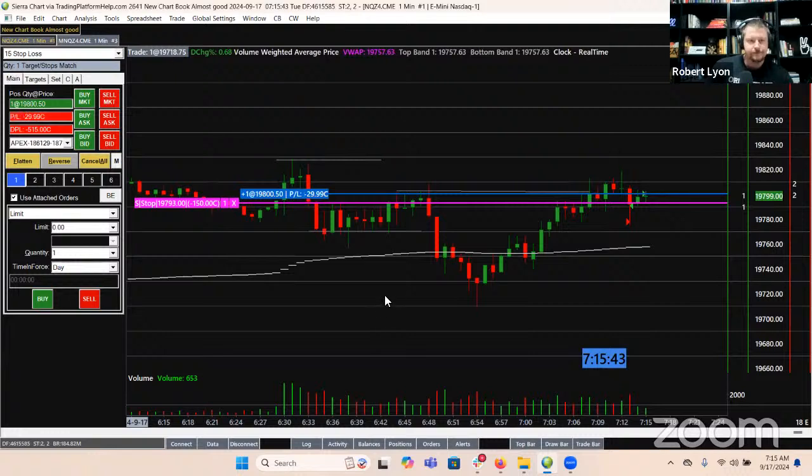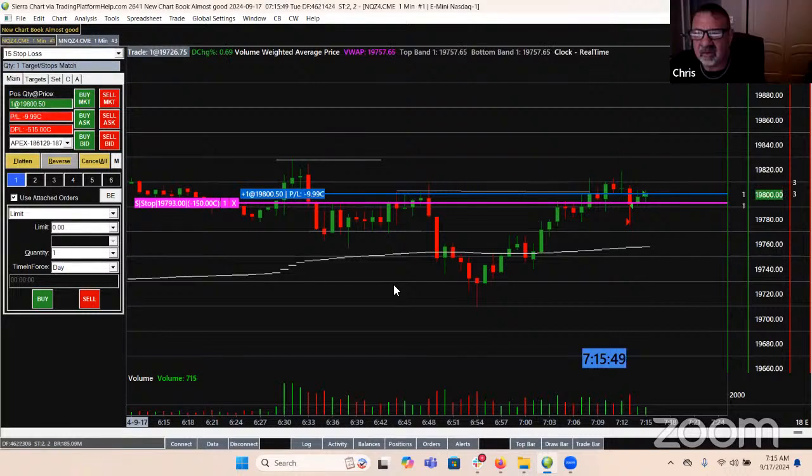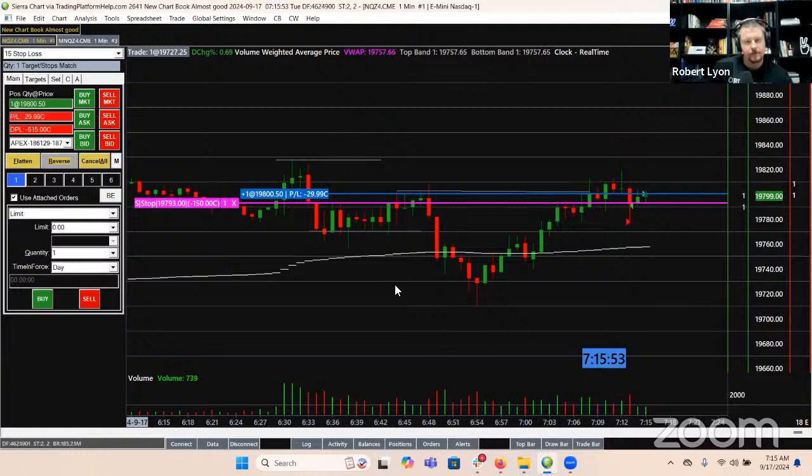Let's see. This looks like sideways so far. It's pretty ugly. And I'm just getting chopped up, so it's no good.